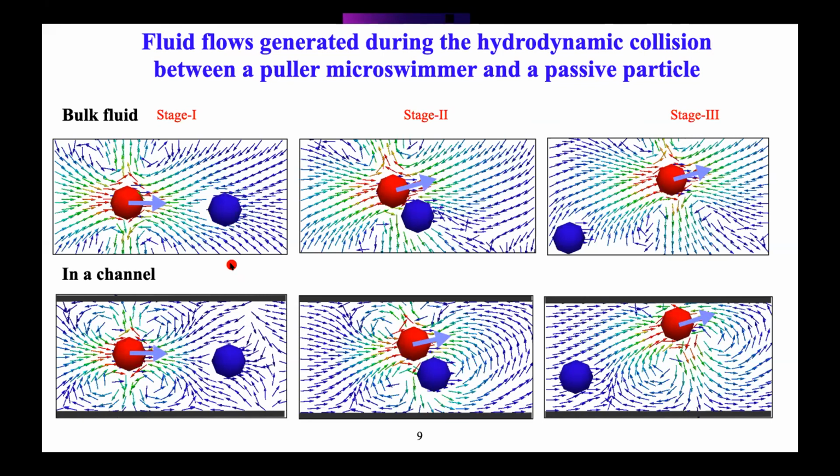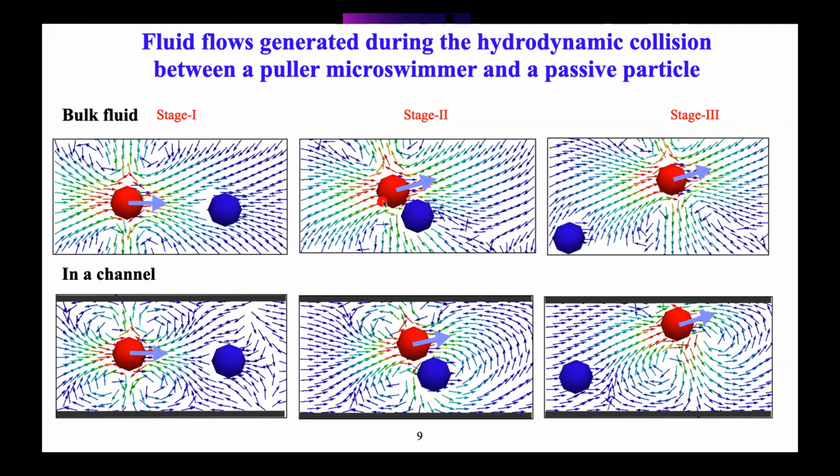We can also see that this hydrodynamic collision process is divided into 3 stages: stage 1, stage 2, and stage 3. Stage 1 corresponds to an early stage when the microswimmer and the passive particle are far apart. In that case, the flow field of a microswimmer looks very similar to a force dipole flow field, where we see this top-down and front-back symmetry in the flow field.